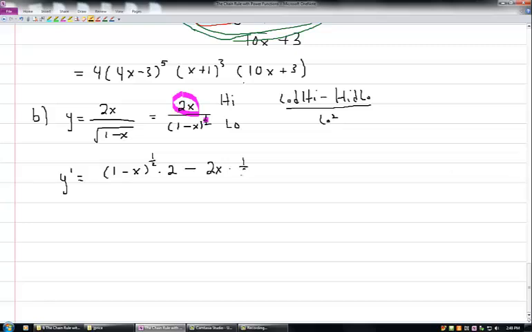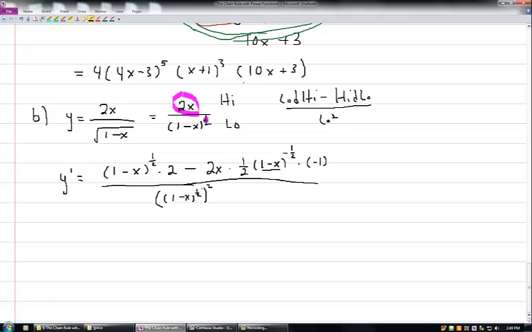The derivative of the low function is 1/2, derivative of the outside, so 1/2 comes down, (1 minus x) to the minus 1/2, then times the derivative of the inside, which is a negative 1. Remember the inside function is this 1 minus x, and so its derivative is this negative 1. Really 0 minus 1, but we just write the negative 1 there. And then all divided by low squared. So this is all divided by (1 minus x) to the 1/2, and then this is all squared.